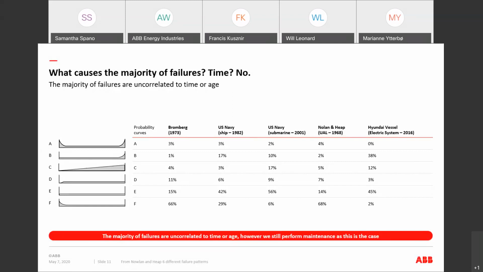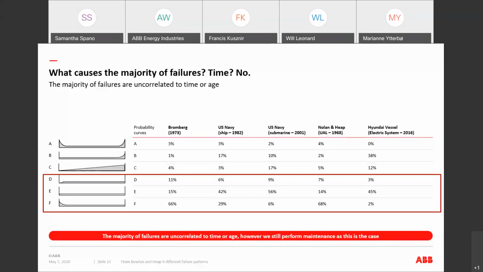So for instance, if the failures are occurring mainly at the beginning and at the end of the equipment lifetime, we would expect the equipment to fall within the first row in this table, following this bathtub curve, as illustrated on curve A. However, what we see is that most of the equipment has failure curves that fall within D, E, and F. In those curves, it's more or less random at what point in time most of the failures occur.